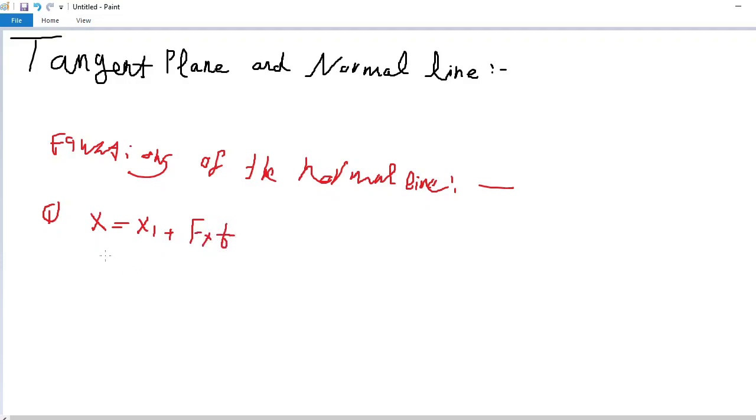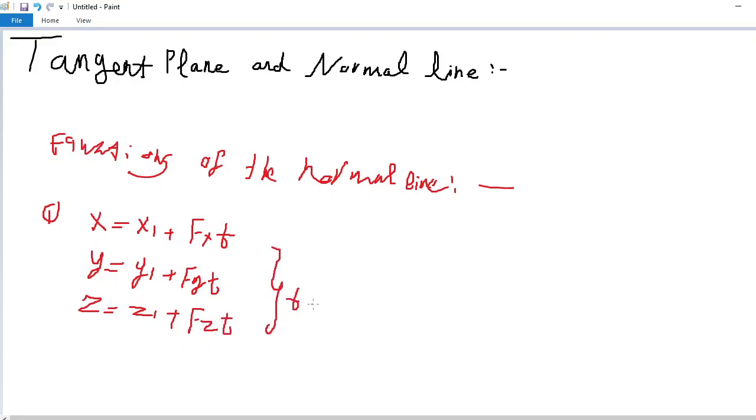This is the first parametric equation. The second is y equals y1 plus fy times t. The third is z equals z1 plus fz times t, and t belongs to R, the real numbers.